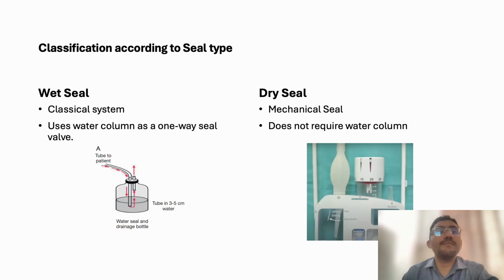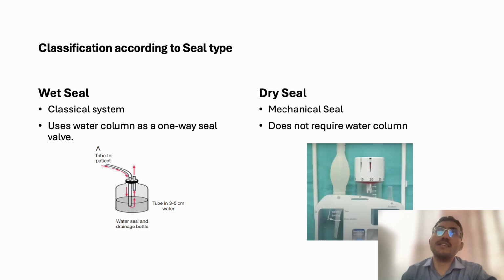Then after this, the bottle systems can also be classified according to the seal type. The classical system is the wet seal type, where the water column is used as a one-way seal valve. So when the patient coughs or breathes, or there is increased pressure in the pleural cavity, which can overcome the air fluid level, then the air will escape, but it will not let the air re-enter the pleural cavity.